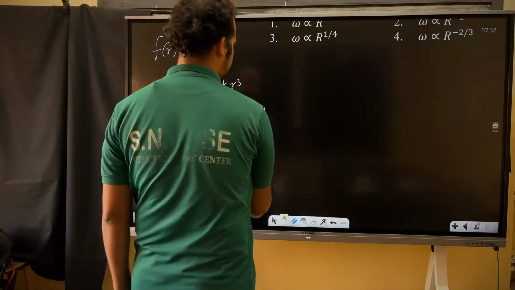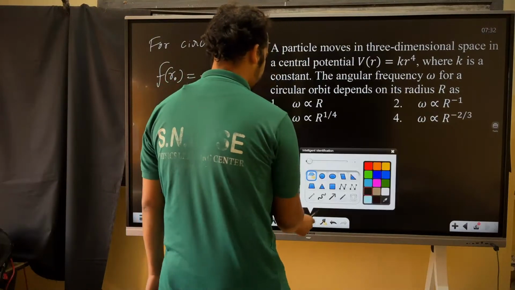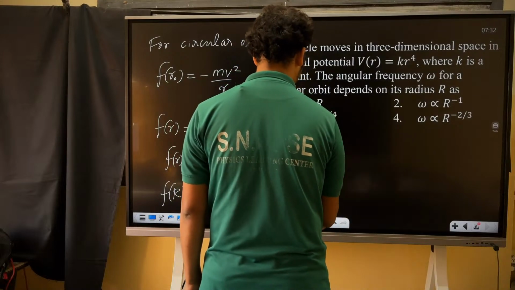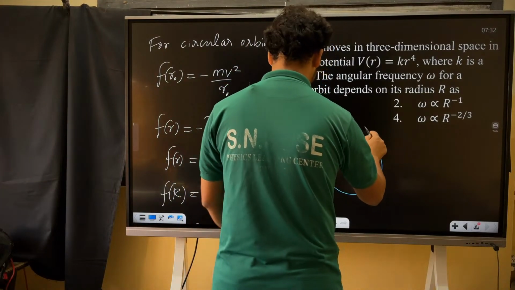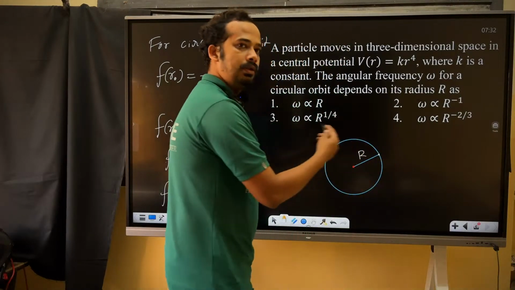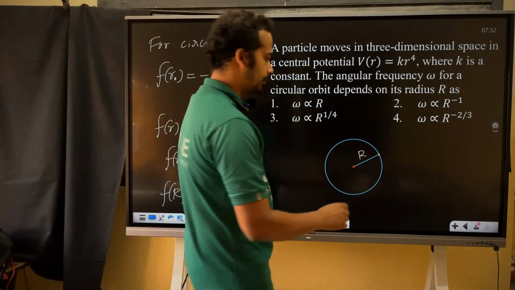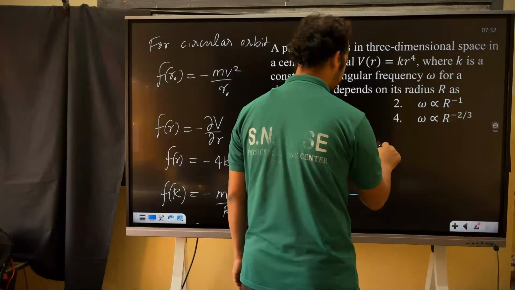Then what is being asked? If it is a purely circular orbit with radius r, it will move with a uniform speed. Am I right? It will move with a uniform tangential speed v.